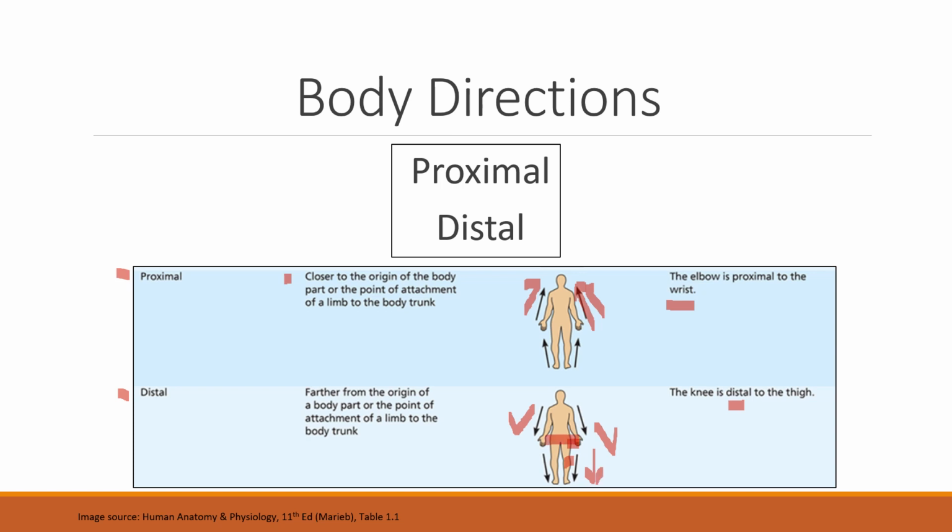The foot is distal to the knee. The knee is proximal to the foot. You see how that works? Proximal and distal. Very important terms to get to know. The way that I always remembered it was proximal means it's in close proximity. It's closer. Distal is more distant or further away.